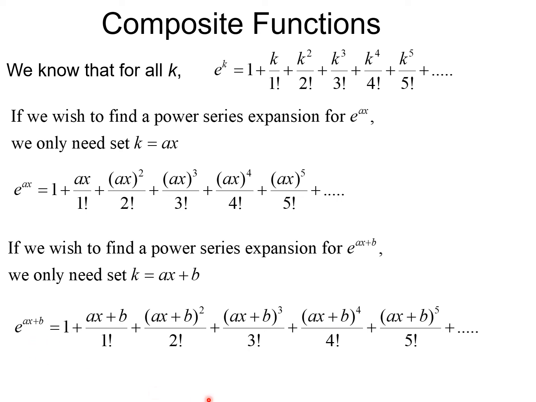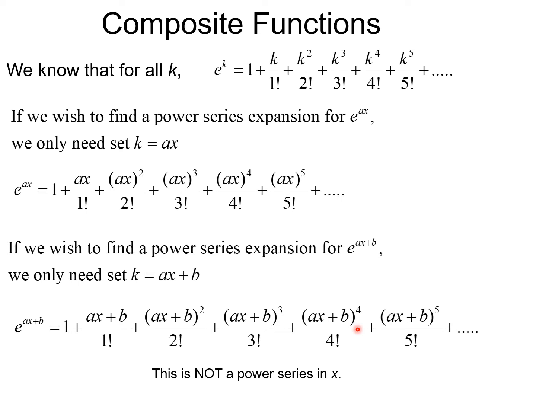Now, this is not a power series anymore. This is not a power series in terms of x simply because it has b, and we need to find a way to factorize it so that the ax stays as ax alone.